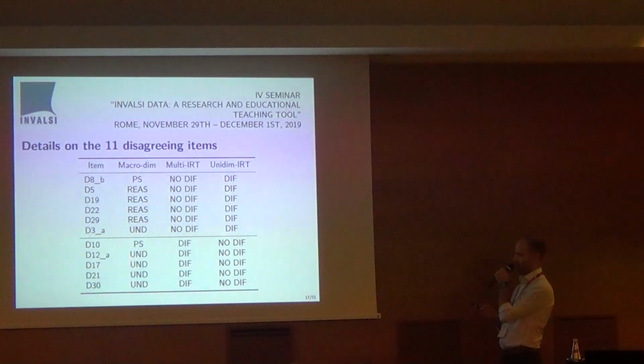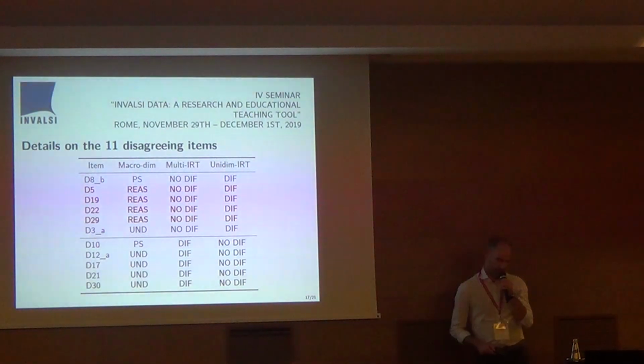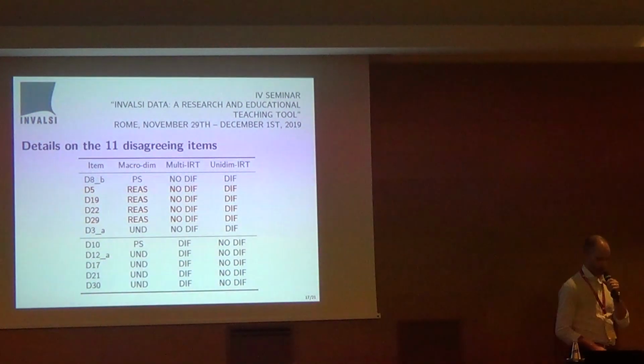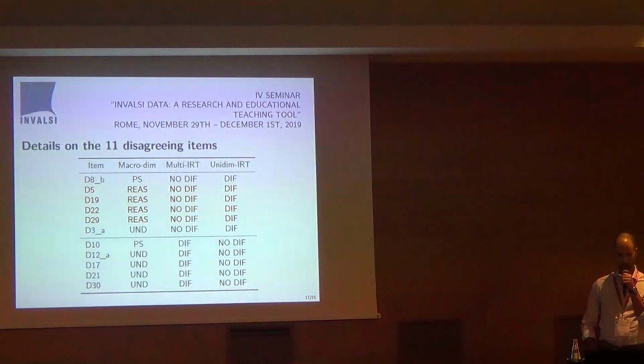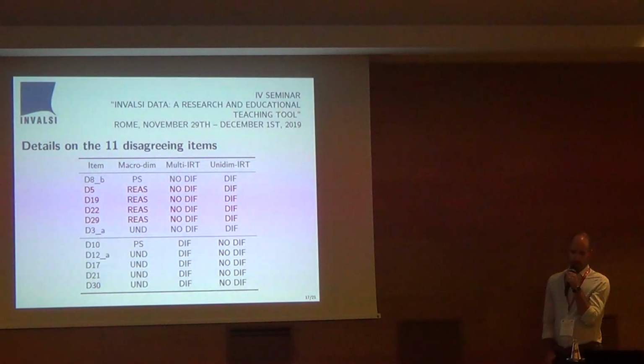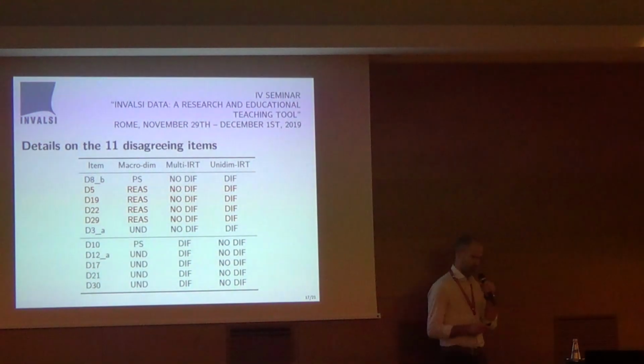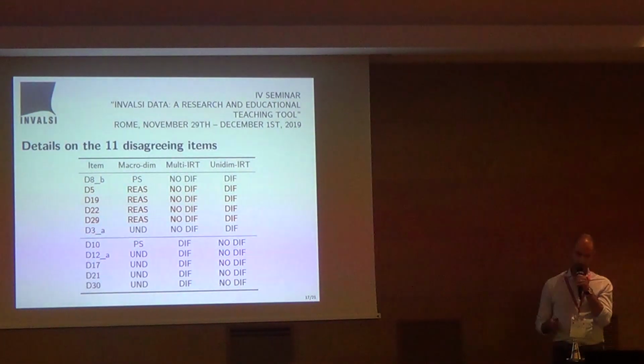And the other way around, we have the following 5 items. But another point to discuss is that all the 4 items within the reasoning dimension are in this set. Maybe we can work on the reason for this, but for the moment we have to investigate this point better.